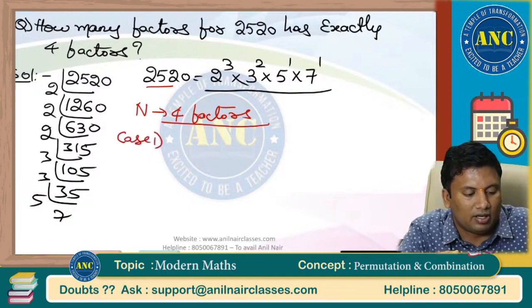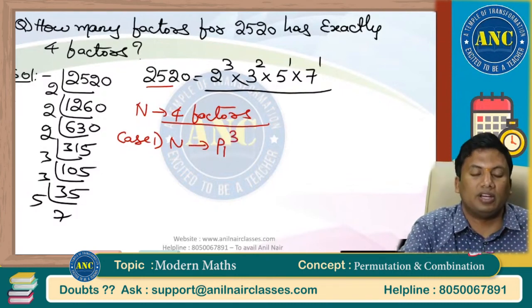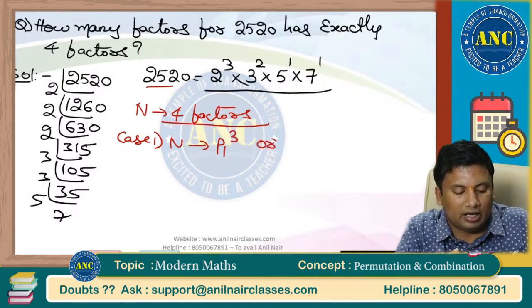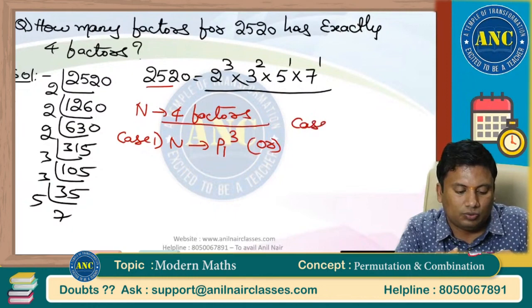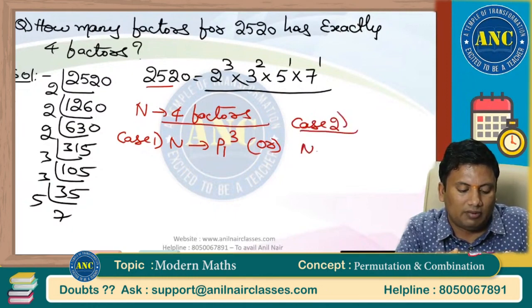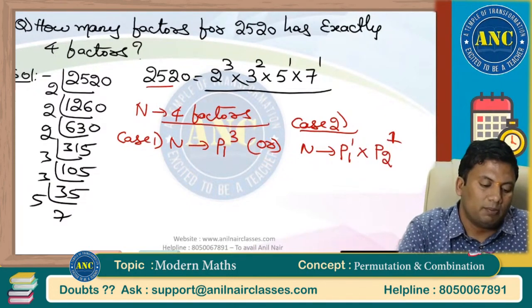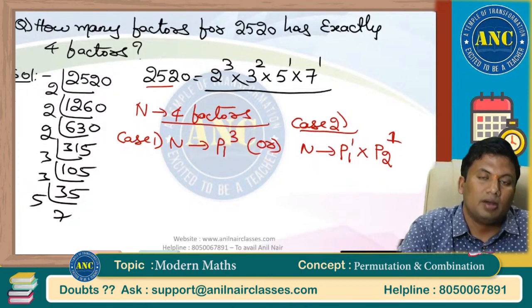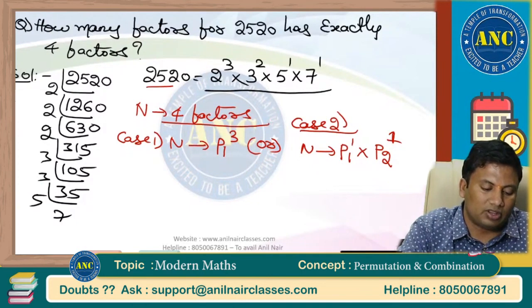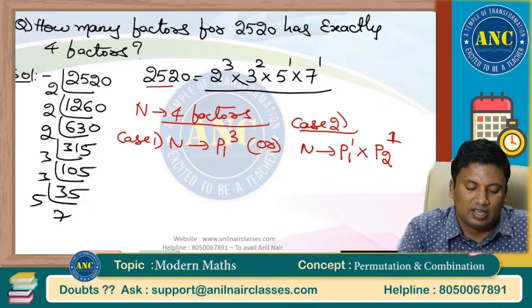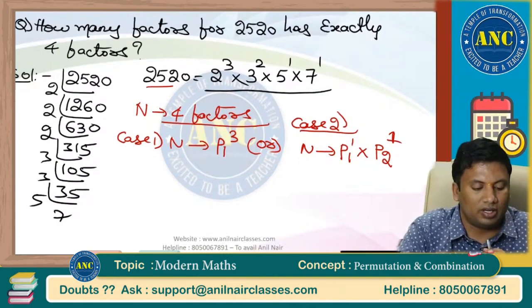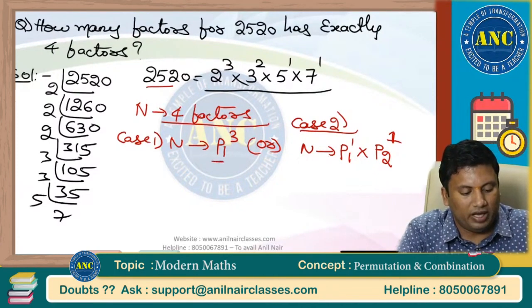Case number 1: either the number should be of the form P1 power 3, or case 2, it can be of the form P1 power 1 into P2 power 1. Because P1 power 3 means P1 power 0 to P1 power 3, 0 to 3, 4 cases. 0 to 1, 2 cases. 0 to 1, 2 cases. P1 power 3, only one case is there, 2 cube.